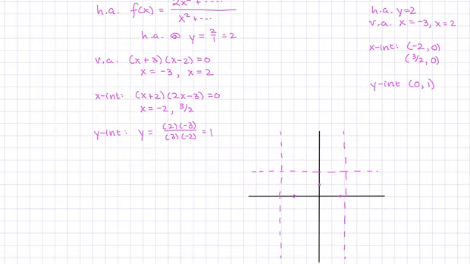So here we go. Here's how you graph a rational function. First of all, your vertical asymptotes always divide the graph into intervals. In this case, because we had 2 vertical asymptotes, we have 3 intervals. You will always have a branch of your function in every interval.